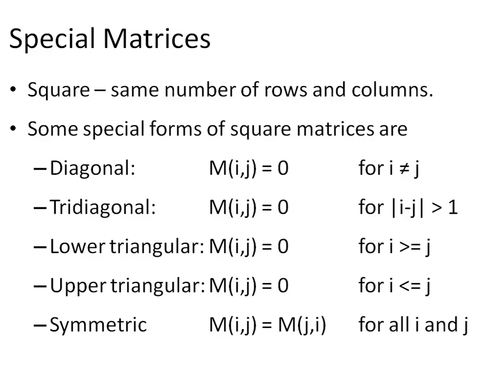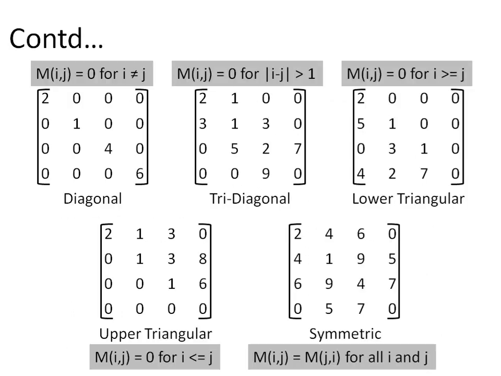A few of the special matrices we are going to cover are diagonal matrix, tridiagonal matrix, lower triangular matrix, upper triangular matrix, and symmetric matrix. Here we have also listed the unique property of these matrices.